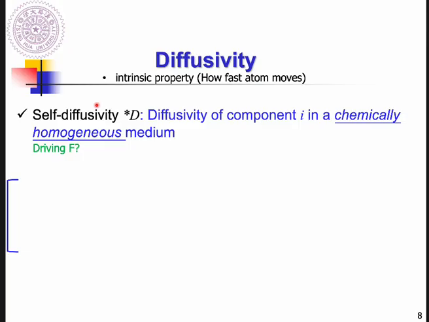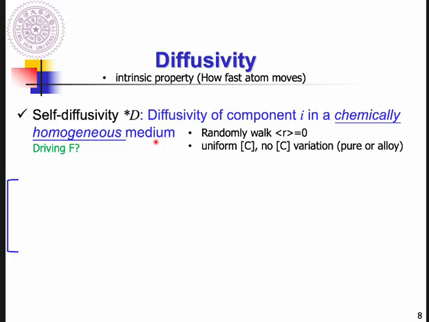If you only have one material, the diffusivity you have is probably what we call the self-diffusivity, D star. This is the diffusivity of component I in a chemically homogeneous medium. So what is this chemically homogeneous medium?